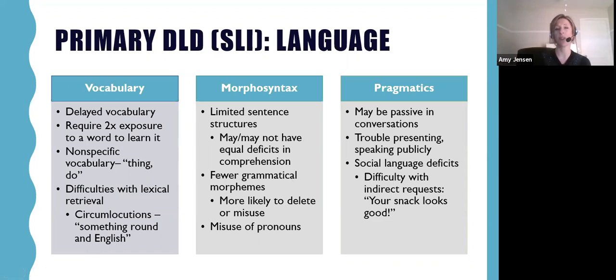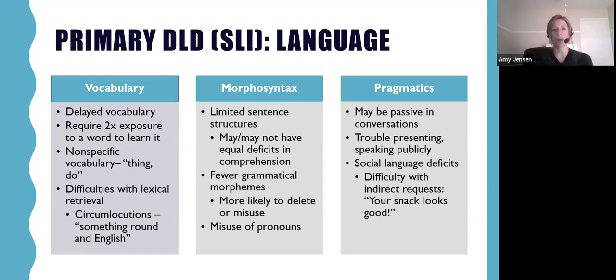Pragmatics, they might be passive in conversations because they don't feel comfortable or don't understand. Trouble presenting, speaking publicly, social language deficits. They might have difficulty with more nuanced aspects of language like indirect requests. For instance, I have an example of two kids at preschool here, and one of them is eating a yummy snack, but he has a developmental language disorder, and one of his peers comes to him and says, "Your snack looks good."